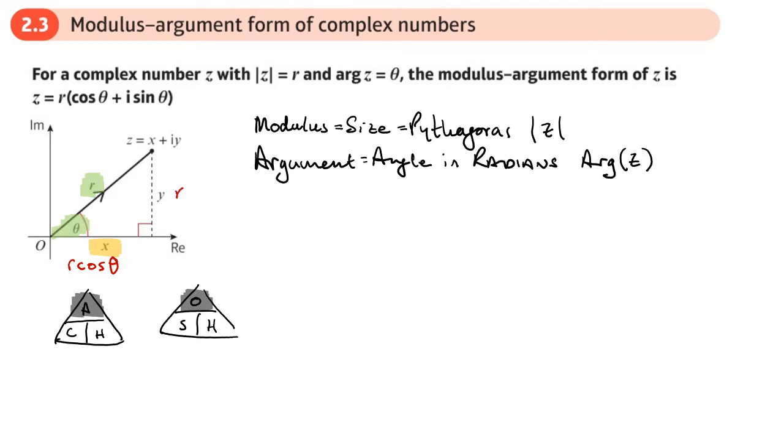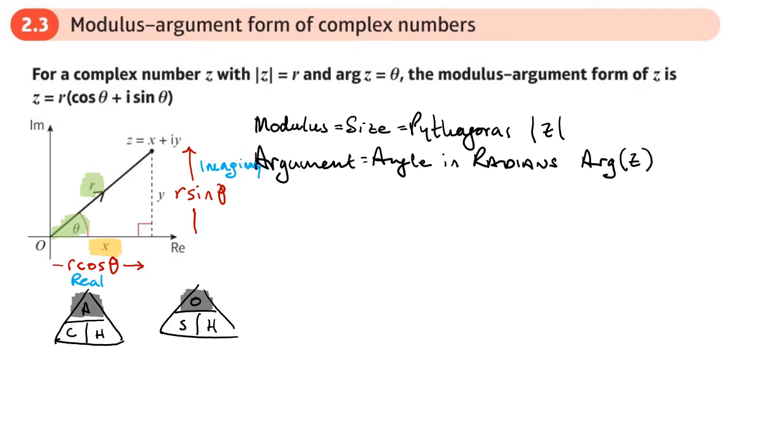So this is r sine theta. So r cos theta is basically this size, and r sine theta is how long this is, which happens to be the real part. So this part over here is the size of the real number, and this part is the size of the imaginary number.